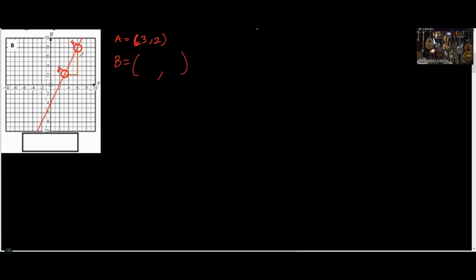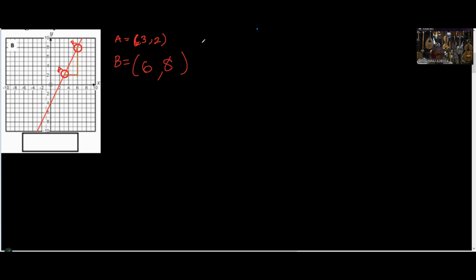Look at point B, trace it down to the x axis. B is 6. Very good. Then, what is y? Trace it to the y axis. If you trace it to the x axis, you have 6, yes or no? If you trace it to the y axis, what do you have? 8. Are you getting that now?